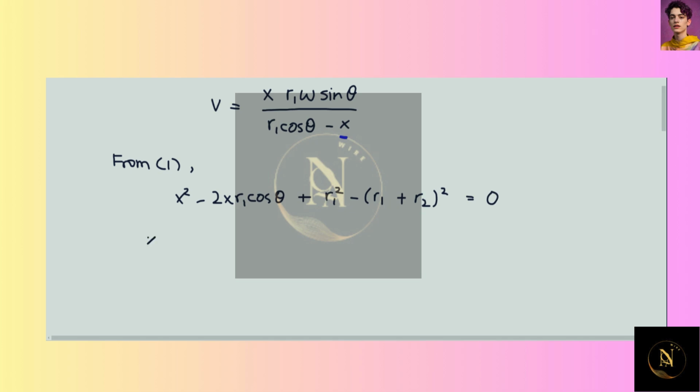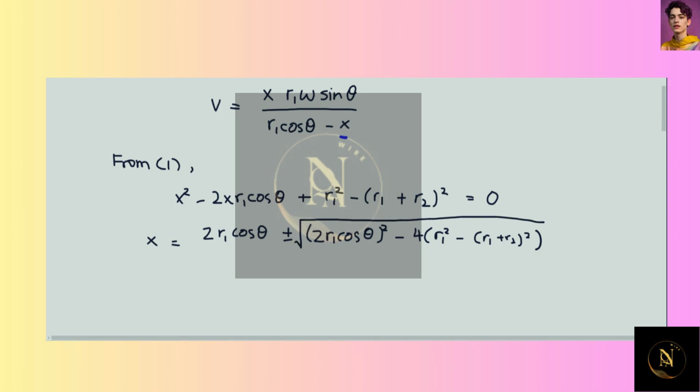So we use the quadratic formula. x will be 2 r1 cosine theta plus or minus the square root of (2 r1 cosine theta) squared minus 4 times (r1 squared minus (r1 plus r2) squared), and then divide by 2. Since there's a 2 squared and a 4, the 4 and 4 can be factored out to give a 2.